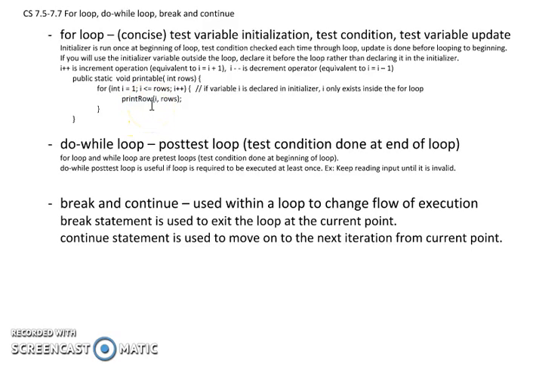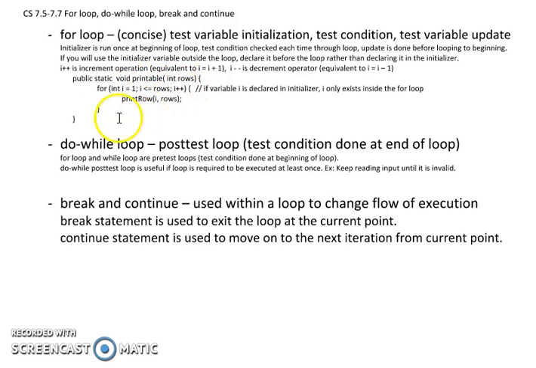I will print out the row, go back up here. When I'm done with the body of the loop, when I'm done with the last statement, go back up here. But I don't execute the initializer anymore. I will always execute this update statement when I iterate back to the top of the loop. So the first time I go through the loop, i is 1.